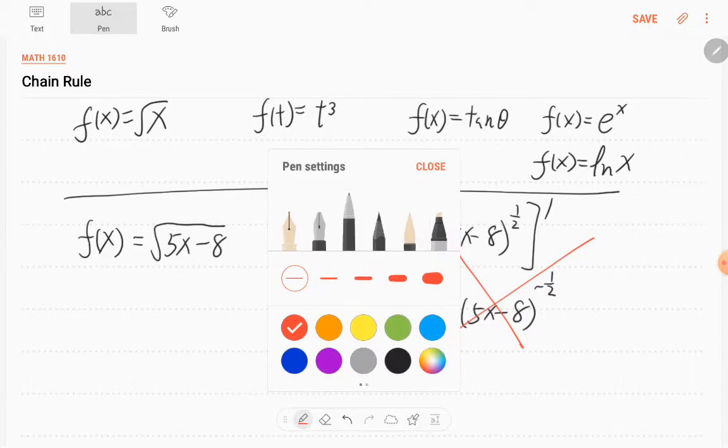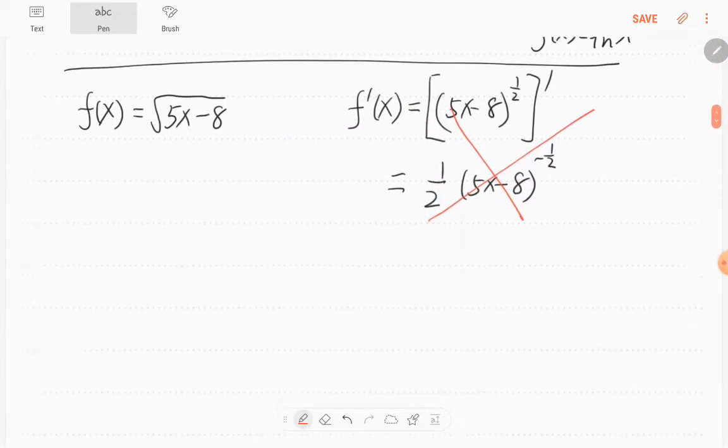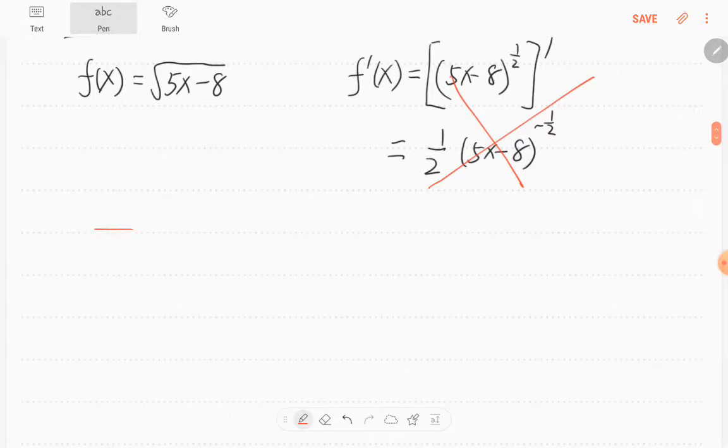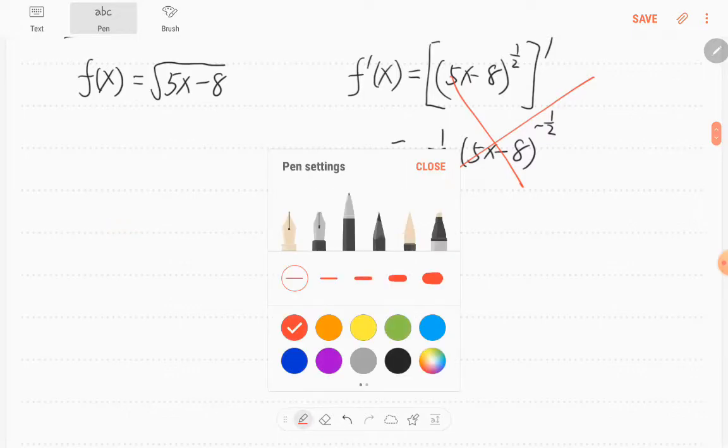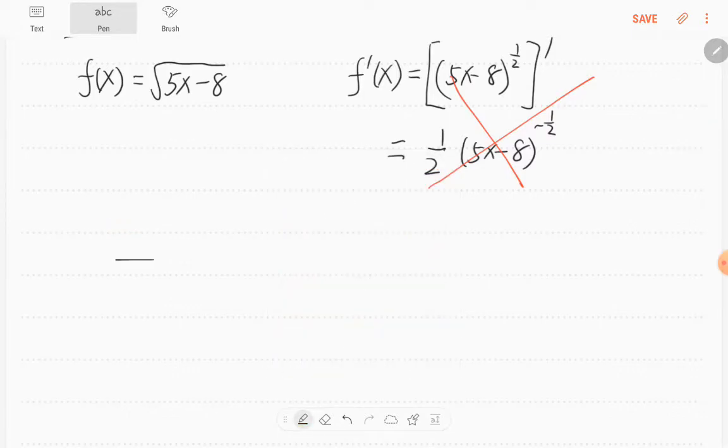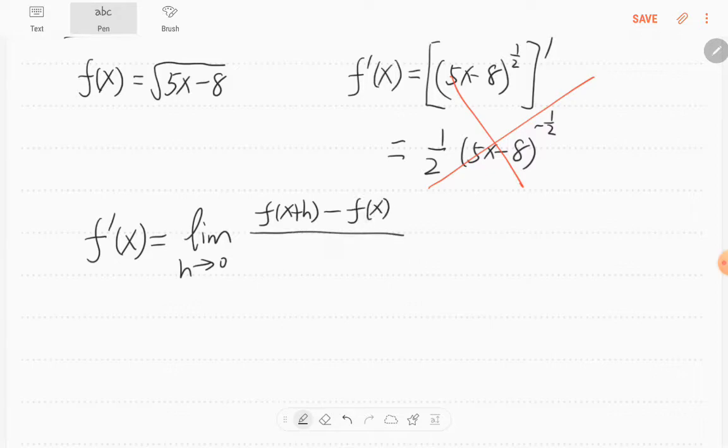But how do we do that? If we don't know how, we need to use the definition to find the derivative. Do you remember the definition, the limit as h approaches 0 of f(x plus h) minus f(x) over h?